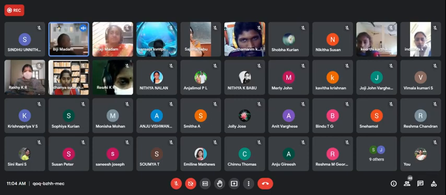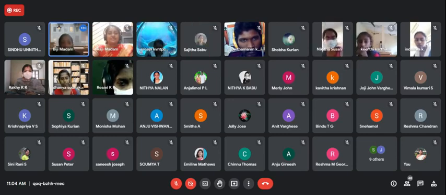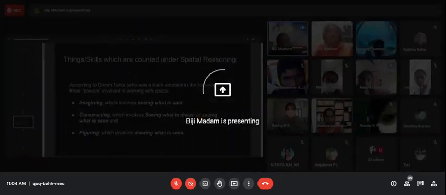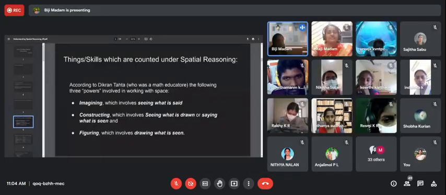The child can say it only after the child has understood what the teacher is showing. So imagining, constructing, and the child drawing what is shown to him. These are the main three skills.